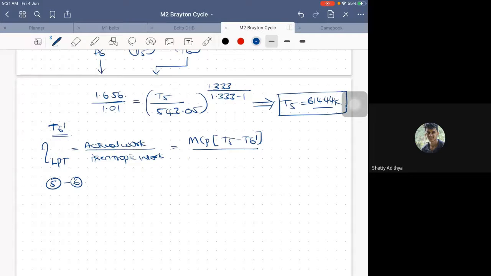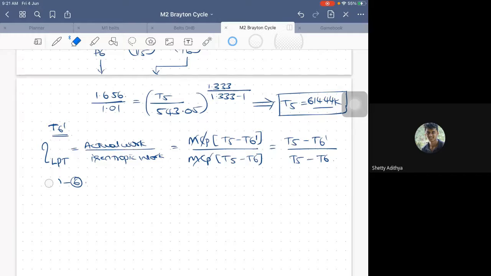Isentropic is the same thing, but without the dash. Now these two will get cancelled. Whatever is remaining is T5 minus T6 dash divided by T5 minus T6. And can I know what is the efficiency of the LP turbine given in the problem?